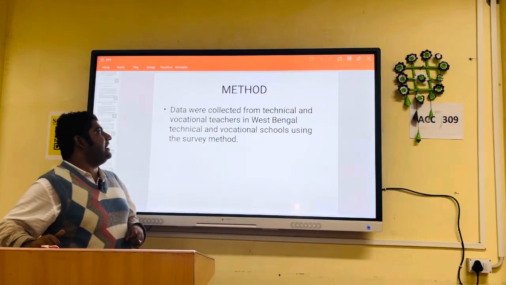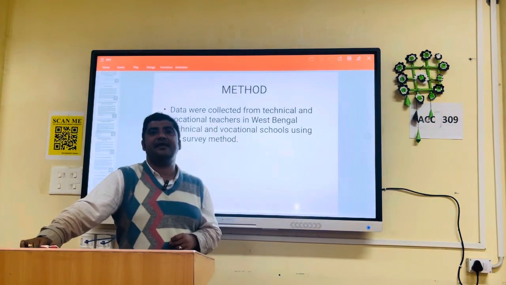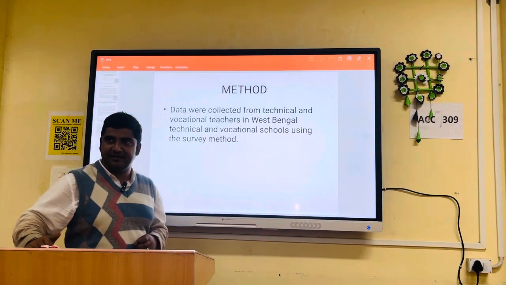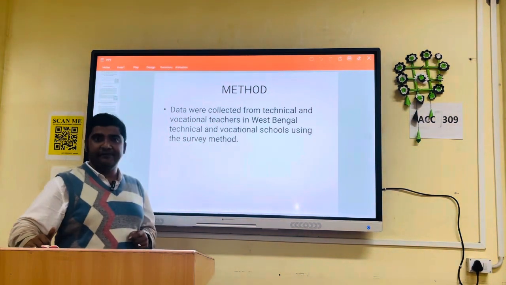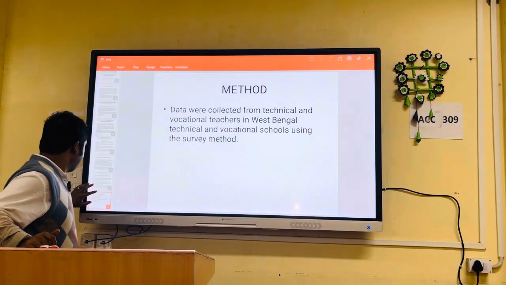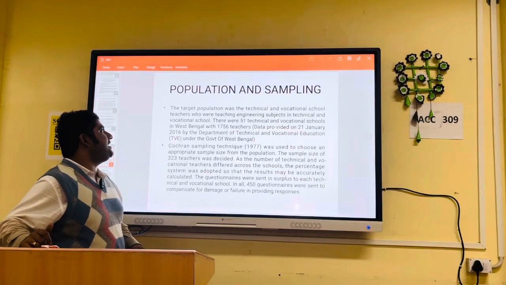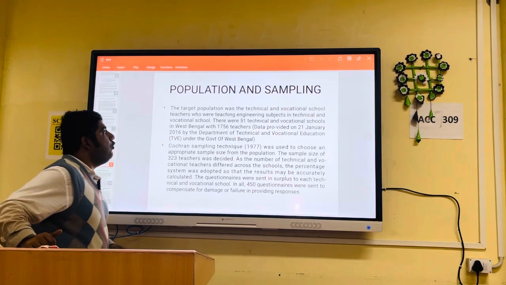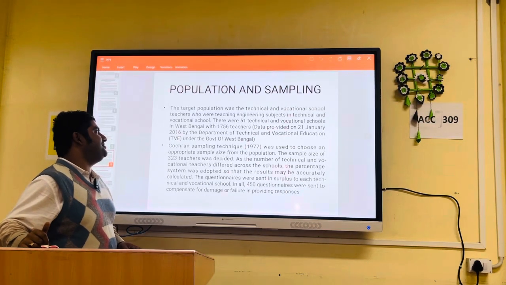Method. Data were collected from the technical and vocational teachers in West Bengal technical and vocational schools using the survey method. I have conducted this research only in the government-sponsored technical schools. Population and sample. The target population was the technical and vocational school teachers who were teaching engineering subjects in technical and vocational schools.